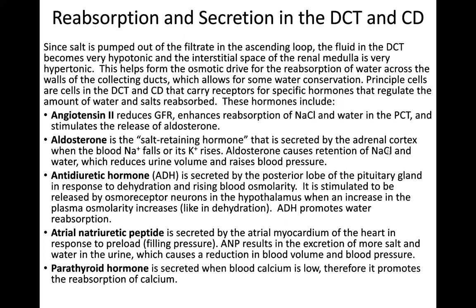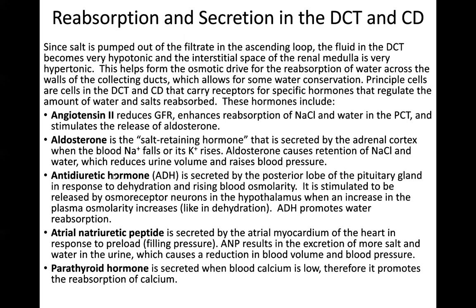Its job is to cause retention of sodium chloride and therefore water, which reduces your urine volume and raises your blood pressure. So it promotes the reabsorption of salts and water. Okay. Antidiuretic hormone is secreted by the posterior lobe of the pituitary when we're dehydrated or when, for example, our blood osmolarity goes up.